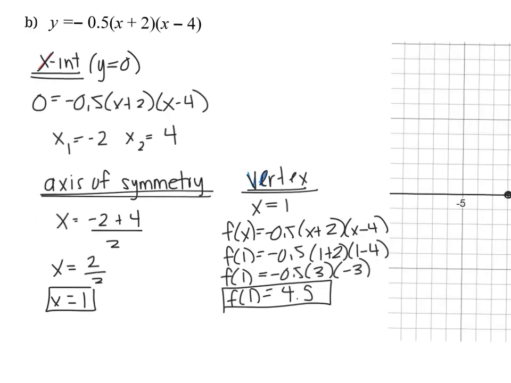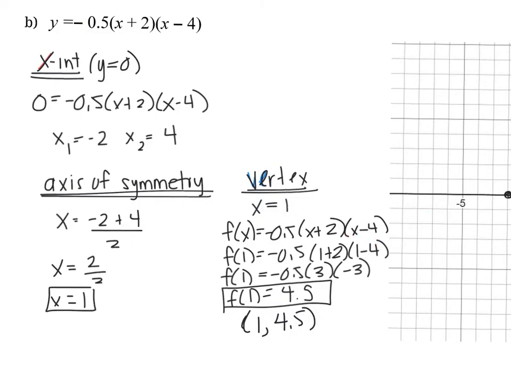When you actually found the vertex, did you plug in x is equal to 1 into the equation, and did you get 4.5? If you didn't use function notation, that's okay. I'm just practicing function notation with you. So you've got the correct answer if you found the vertex, x coordinate 1, y coordinate 4.5. And the question is, is this a maximum or is this a minimum? It depends on how the parabola opens, and it's supposed to open down.